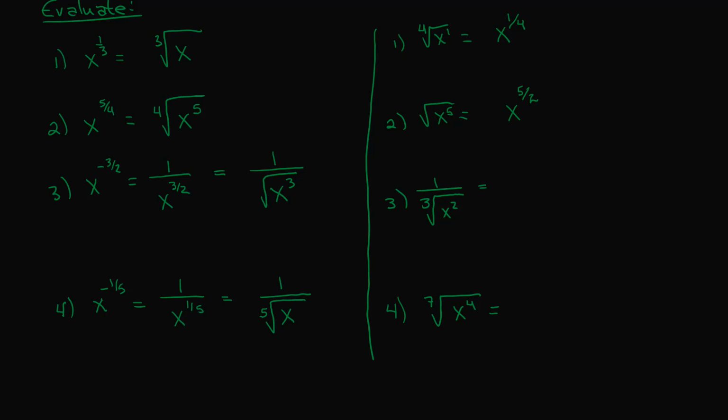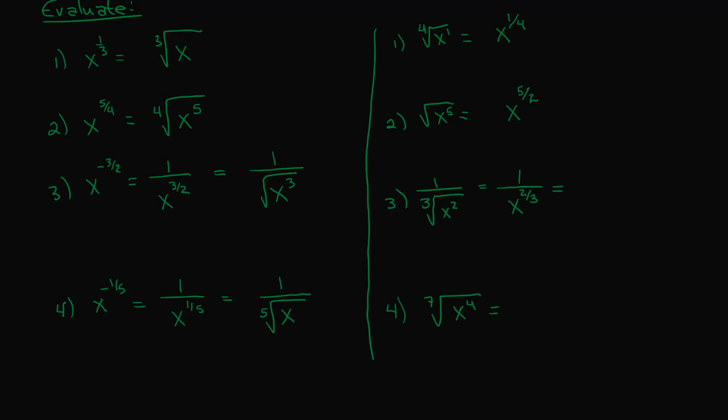Okay, now this one is going to be a 2-step deal. The first step in it is going to be to rewrite it as x to the, well, it's squared and a root of 3, like that. So it's 1 over x to the 2/3 power.